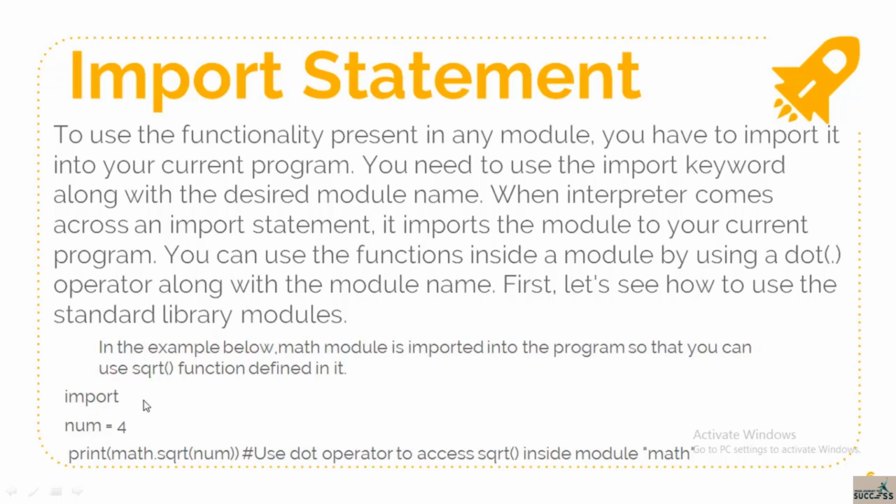With the math module, we are calling a function inside it known as sqrt, and in the function we are passing this variable, and that function will return the square root of the number 4. So we can use the dot operator to access sqrt inside the module math.